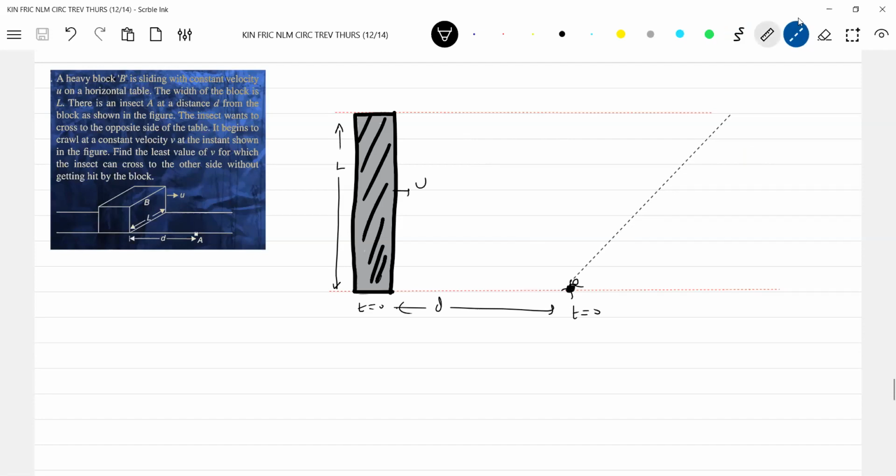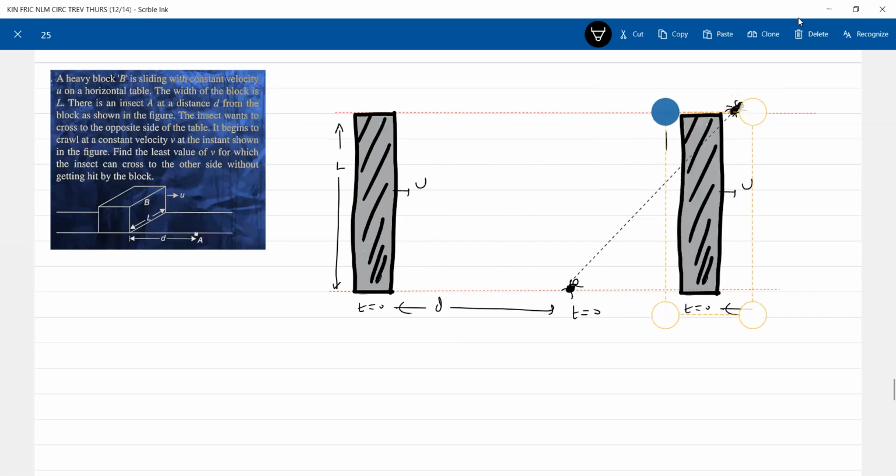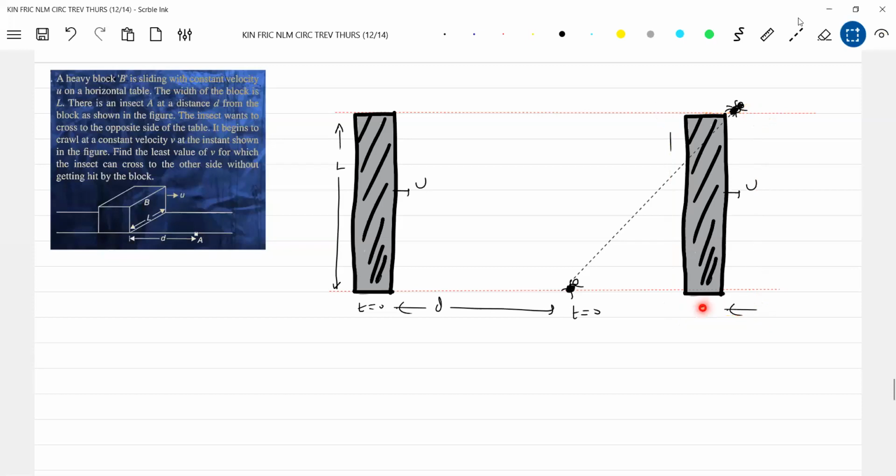By the time the ant reaches here, the block will just cross that particular edge. Okay, the ant will be here. So what about the block? This can happen, no?